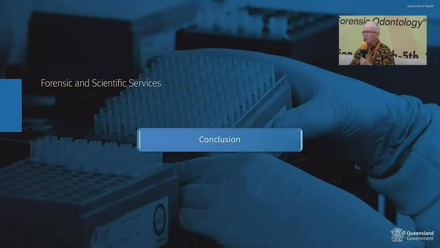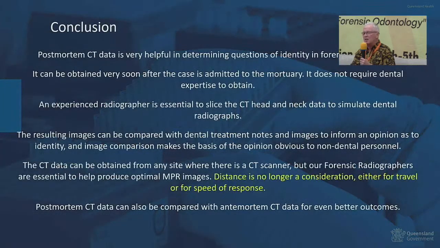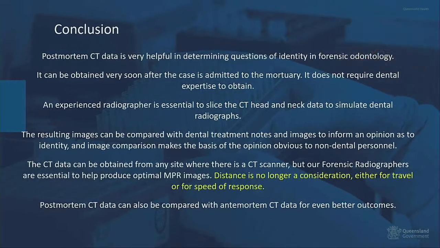So our conclusions are these. Post-mortem CT data, if it's available, can be very helpful in determining questions of identity. Certainly, around Australia, it can be obtained as soon as the body is admitted to the mortuary. So the moment we turn up for work, the data will already be there.